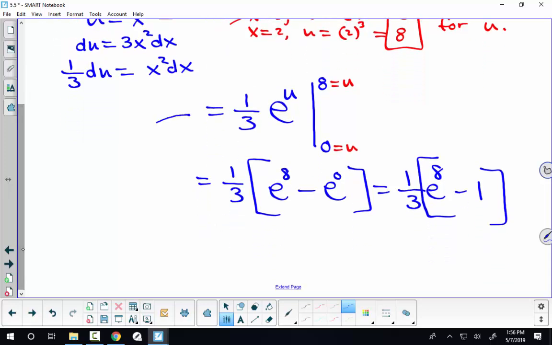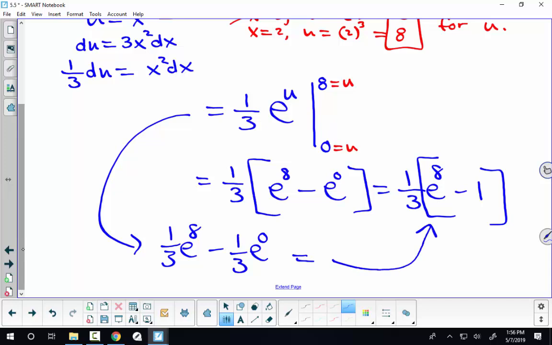If we're carrying the 1/3 through, we would have 1/3 e to the 8th minus 1/3 e to the 0. And just be careful, e to the 0 is 1, but that doesn't mean the 1/3 goes away. So these are the same thing. And then we'll just leave it as an exact answer.